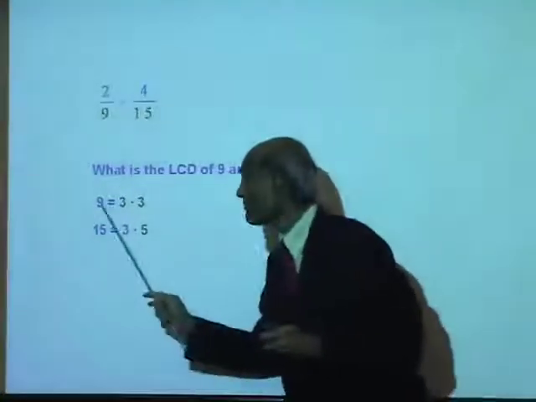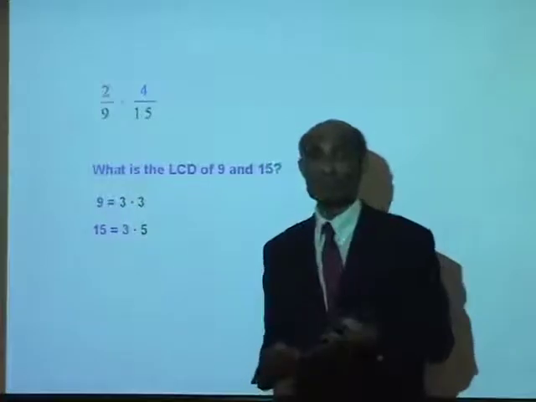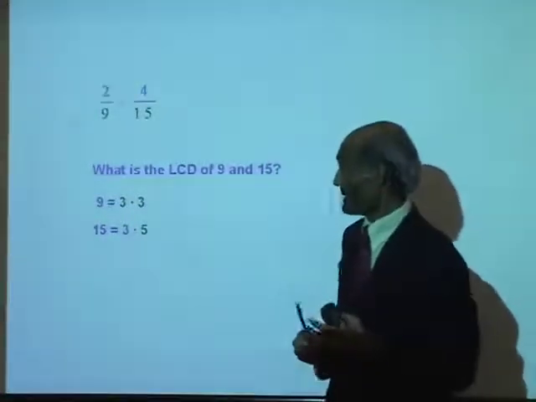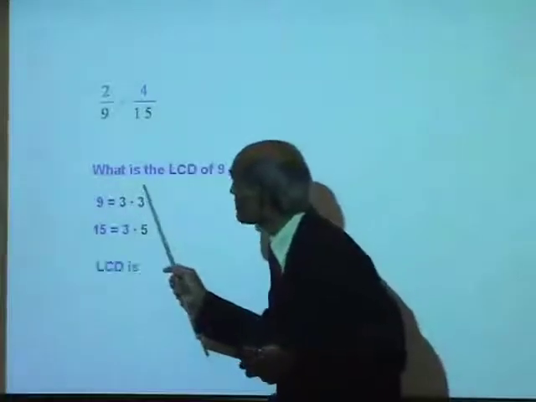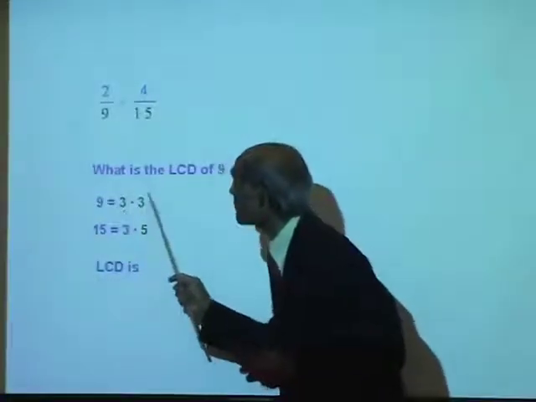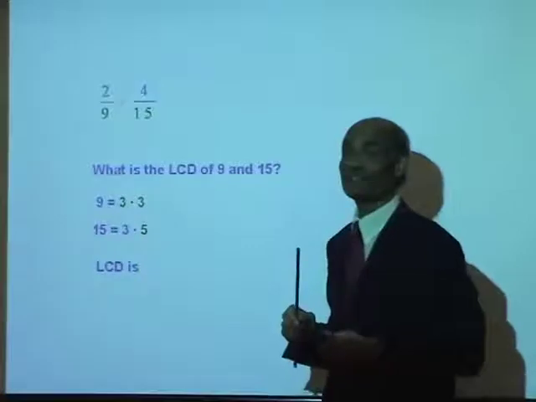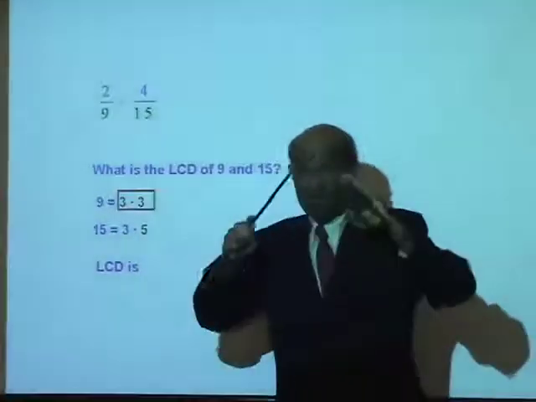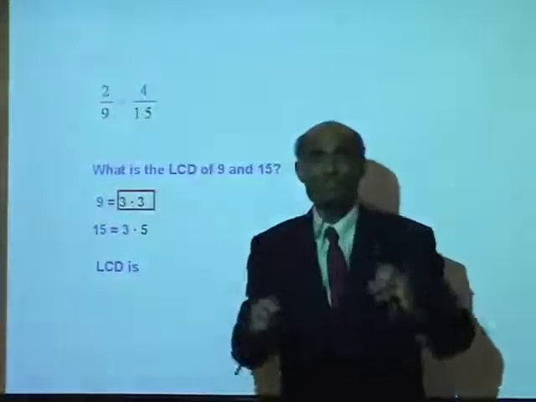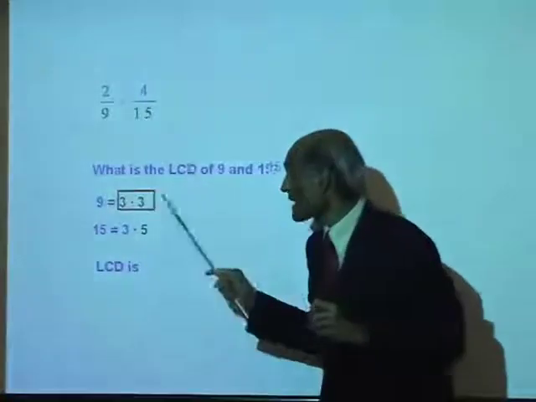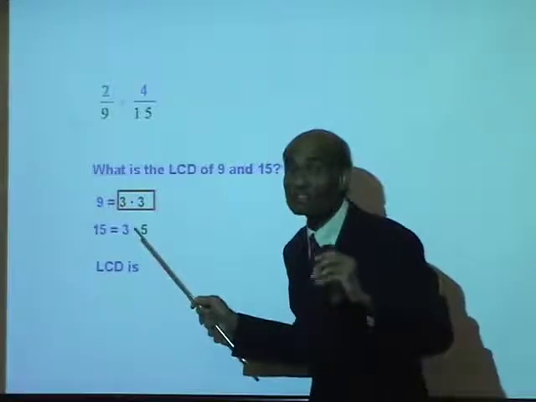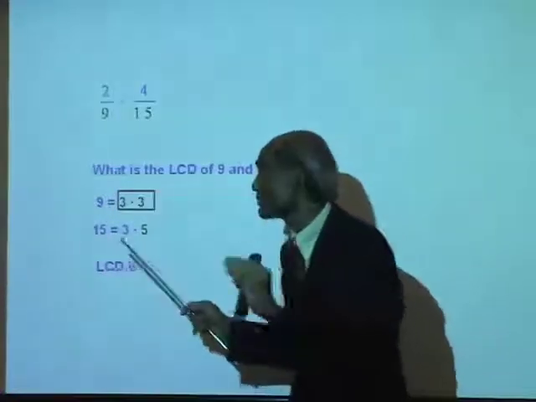Okay, we have now factored both denominators. How do we pick our LCD? The method is, first pick all the factors of the first number. So we pick 3 times 3. Then come to the second number and pick only the factors that are not picked already.